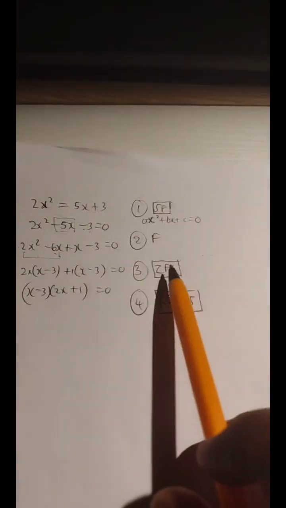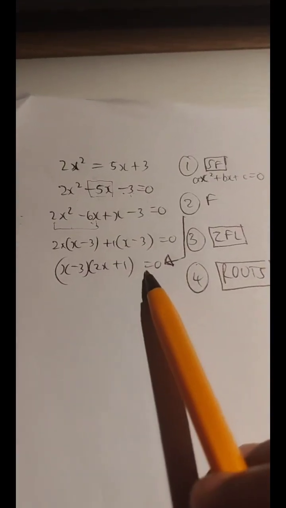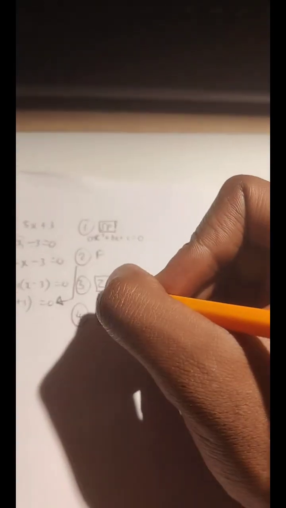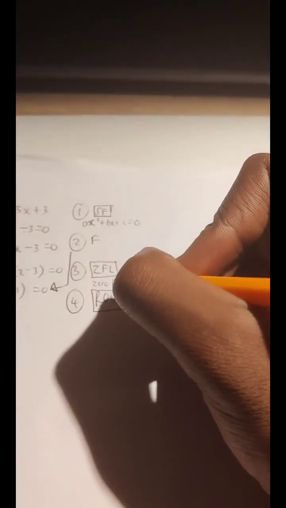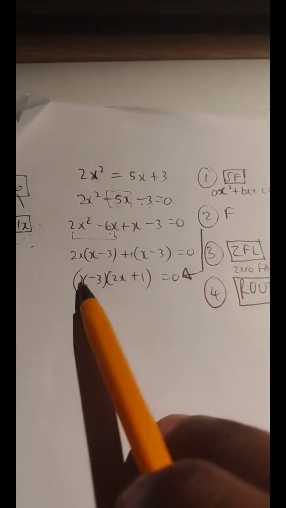Now this is factorized. These are the factors we were looking for, a product of factors equated to 0. Now we can apply the zero factor law, which says that if there's 0 on one side and factors on the other, you take each individual factor and equate it to 0.